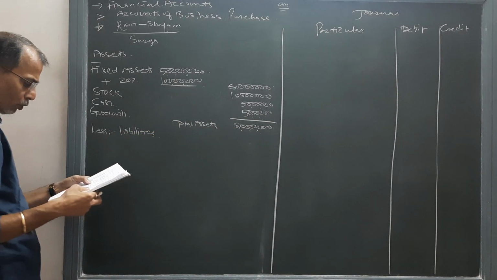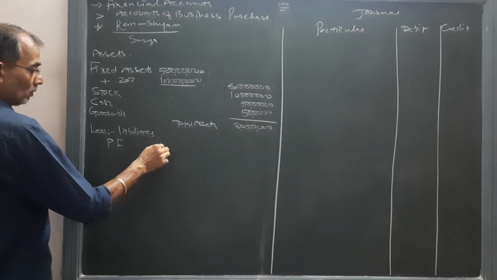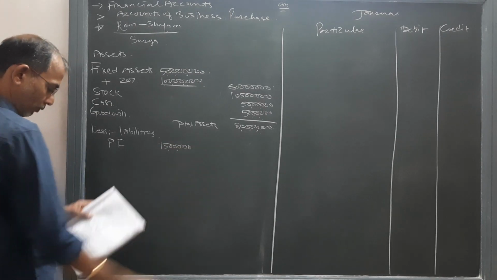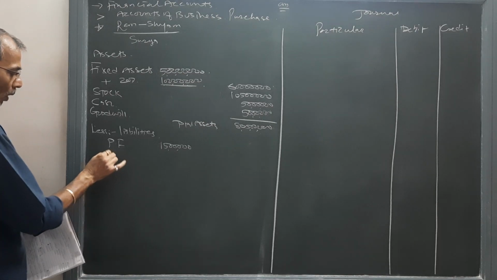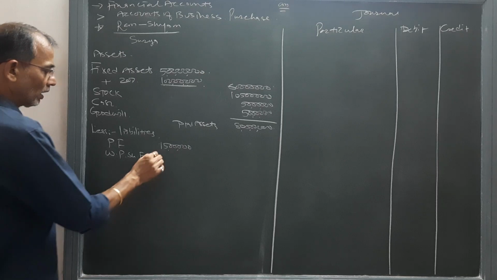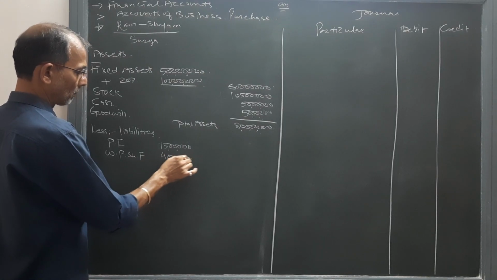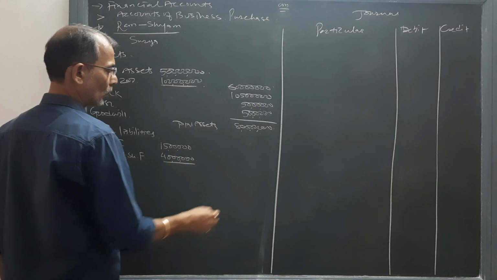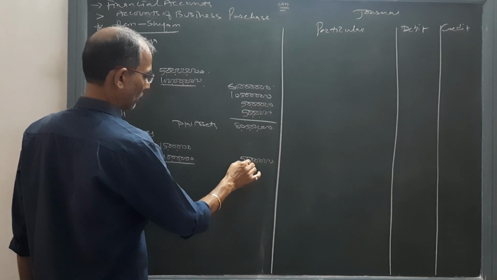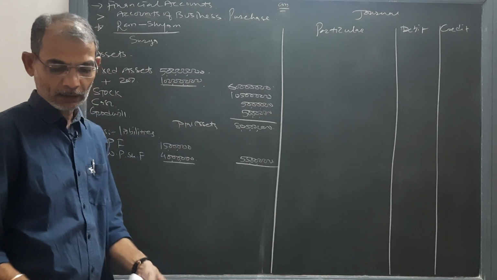Liabilities include provident fund of 15 lakh and workers profit sharing fund, that is 40 lakh. So total liabilities will be 55 lakh.